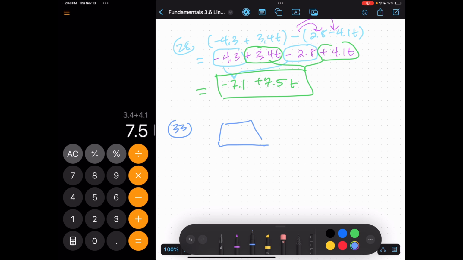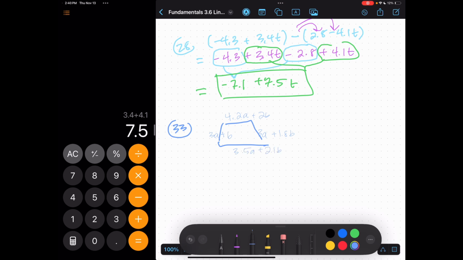So what am I talking about? We've got this side 3a plus b. We've got this side, 4.2a plus 2b. We've got this side, 3a plus 1.ab. And then we've got the bottom, 3.5a plus 2.1b.